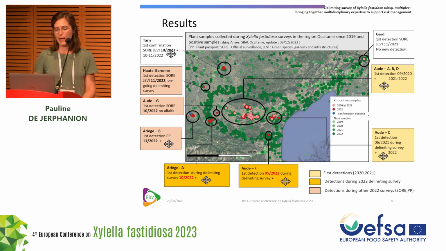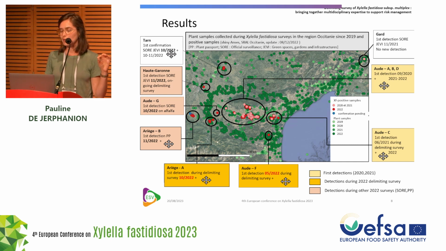So on this map, you can see all the samples collected during Xylella surveys in the region Occitanie since 2019 and the positive samples. You can see in the middle the first detection which occurred in 2020 and 2021. And then you can see, in dark yellow, the 2 sectors we found during the delimiting survey.